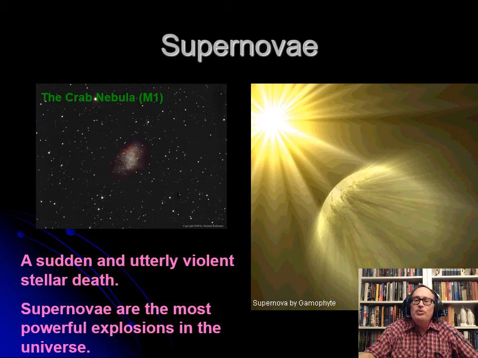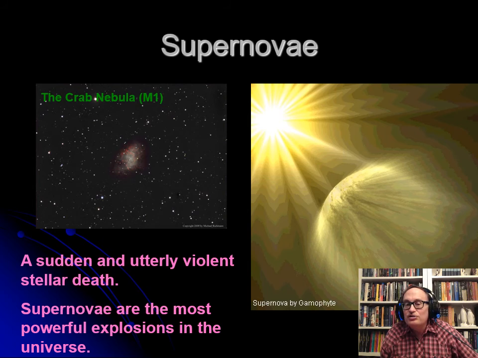Now, of course, if there's any planet there, poof, the planet's gone. I mean, a supernova is going to be so violent that if a supernova were to go off anywhere within 10 light years of us, then we would have massive environmental damage to the Earth, and it would make complex life forms like humans difficult to survive. So these are incredibly huge explosions.